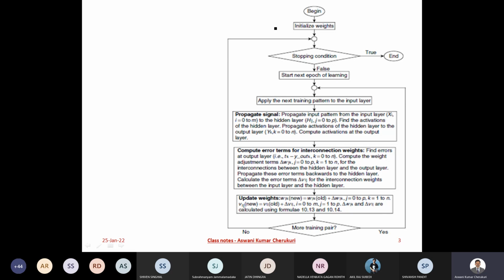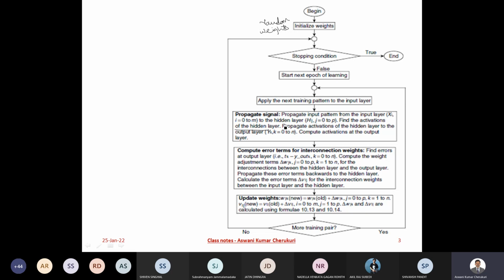Take some small random weights across the connections. Then you take the first input, apply the activation and submit the input to the network and propagate the signals. Propagate the net input pattern from the input layer to the hidden layer and find the activations at the hidden layer.